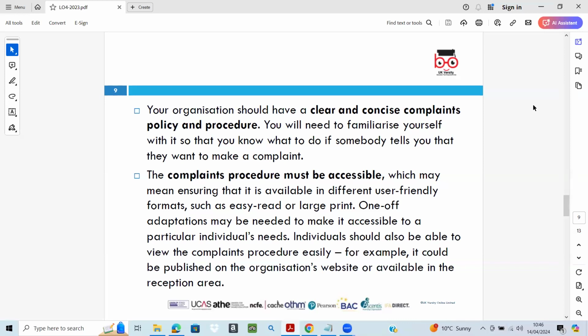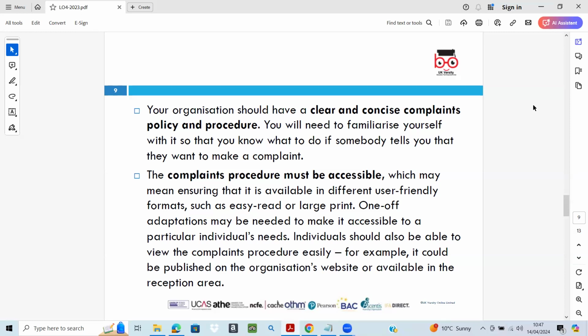This is crucial in ensuring that everyone feels empowered to voice concerns or complaints without hesitation. So let's start by discussing the importance of familiarity with policies. Why is it important for staff to be well trained in the complaint policy?